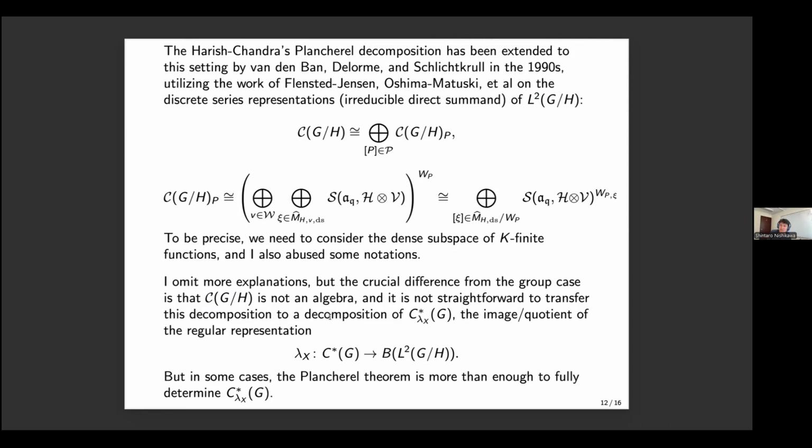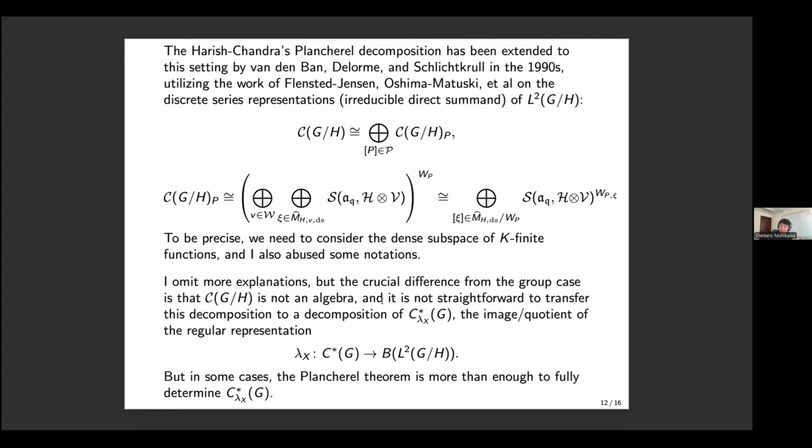And long story short, it is not straightforward to transfer this decomposition into a decomposition of the quotient. So you take a quotient of C stars, the maximal group C star of G, and then take the regular representation. You can, of course, take a quotient. And then the first thing you can ask is, what's the decomposition? Do we have an analogous decomposition like for the reduced group C star algebra?